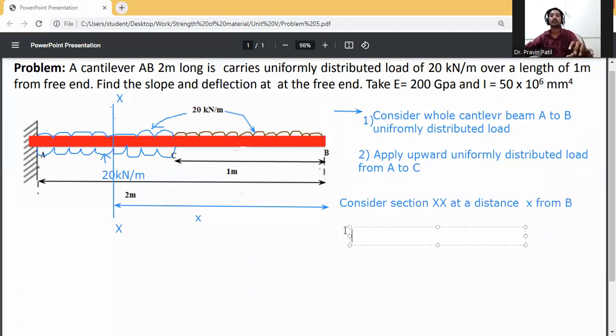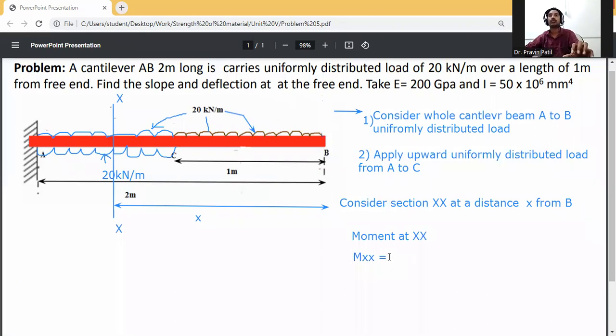So the moment at XX, M_xx, is equal to the following. First of all, the 20 kilonewton per meter load is rotating clockwise about XX. For the right side of the section, if it is clockwise, it is taken as negative, so minus 20 into x into x by 2, that is minus 20 x square by 2.